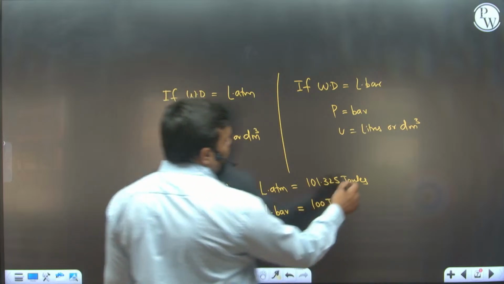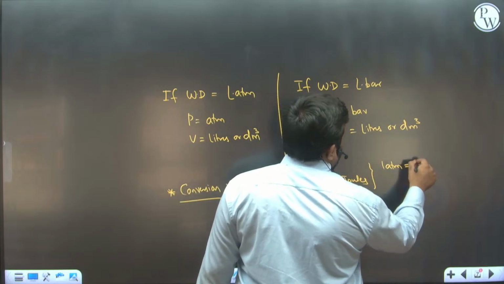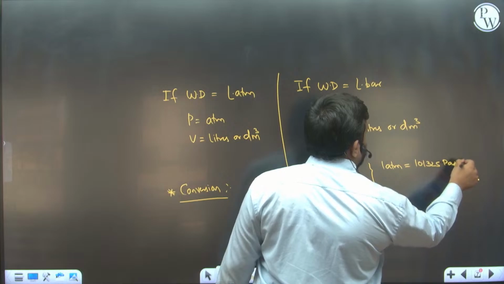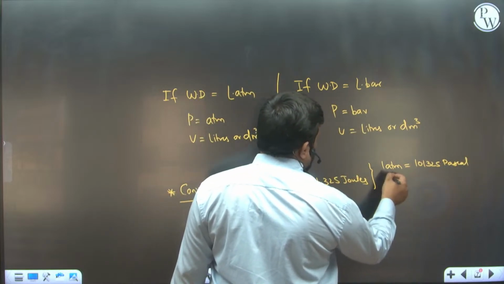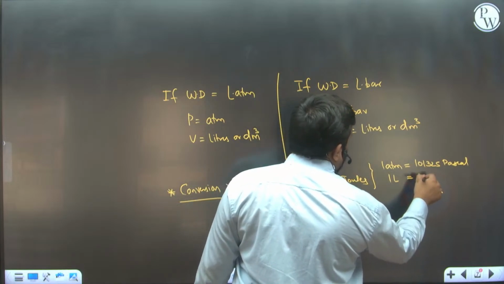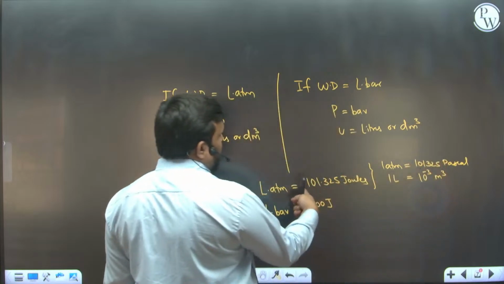How did we get this? 1 ATM is equal to 101.325 Pascal, and 1 liter is equal to 10 to the power minus 3 meter cube. If you multiply, you get the conversion.